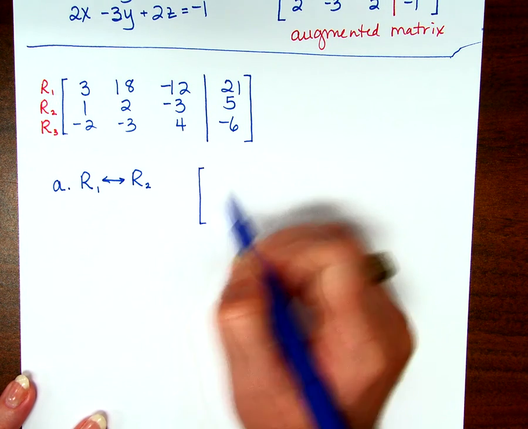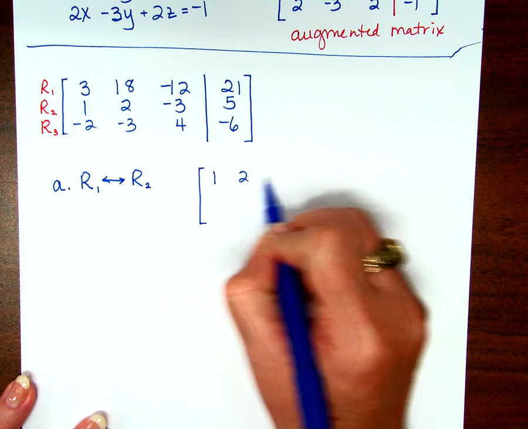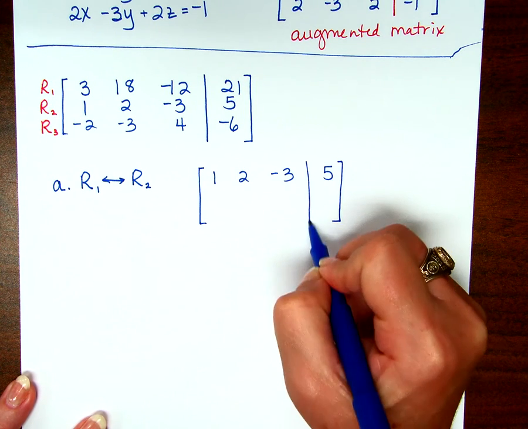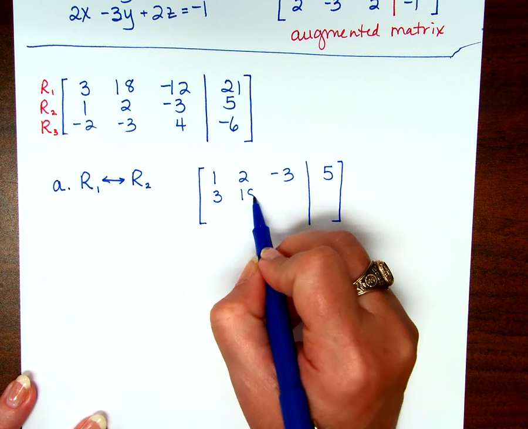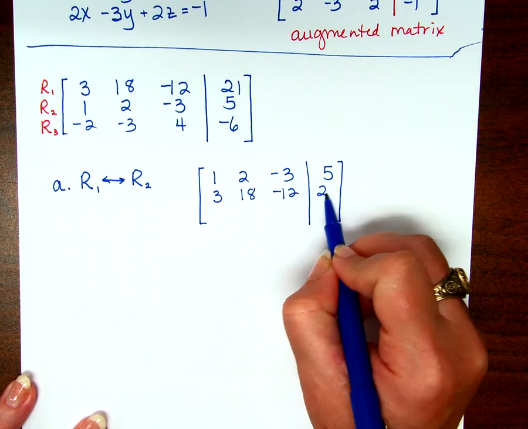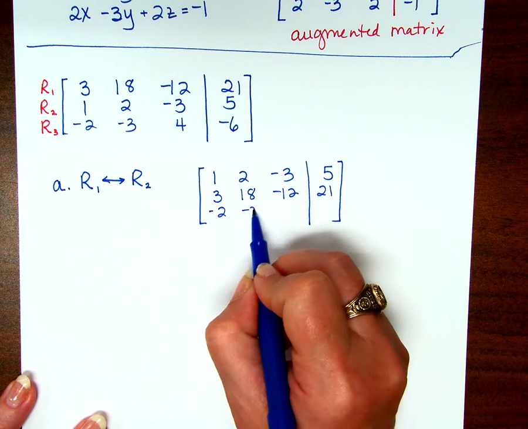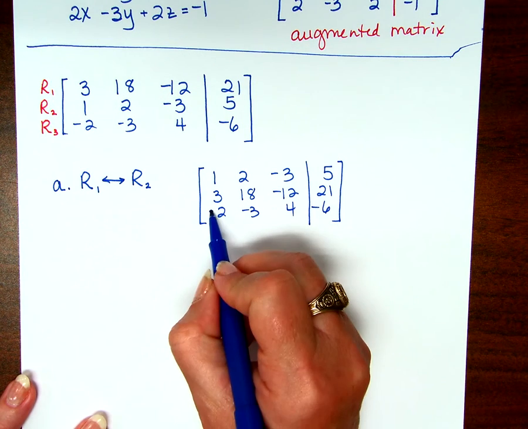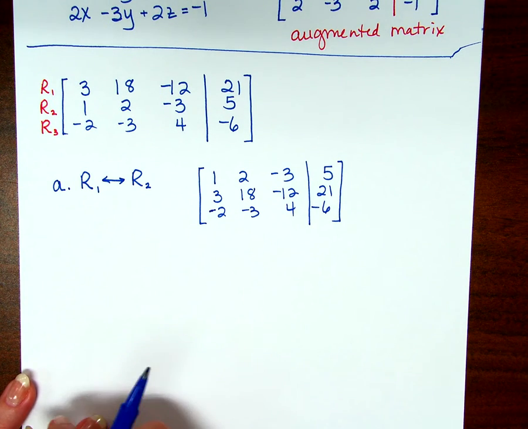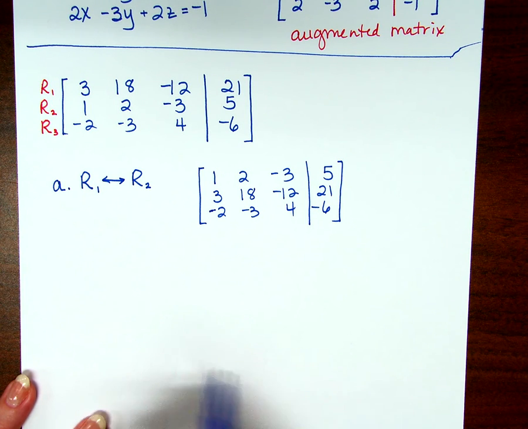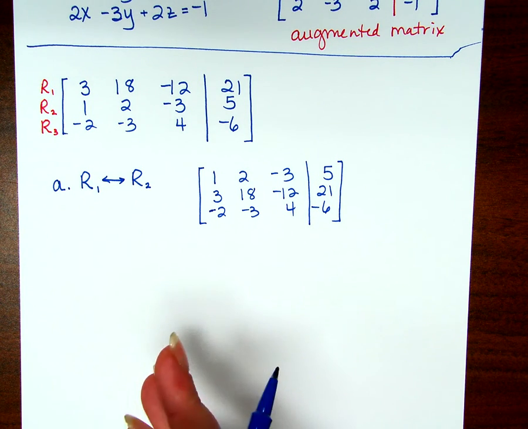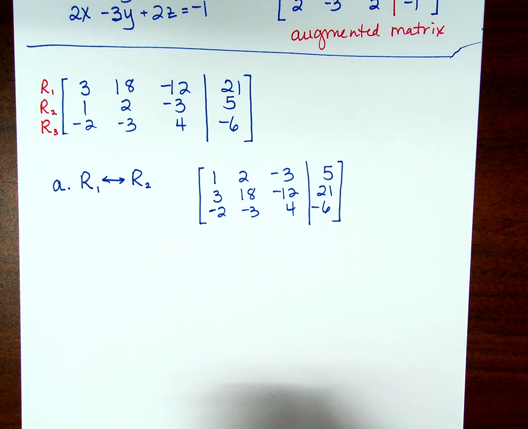So our new matrix looks like this. Think about what the answers to a matrix looks like, and tell me why do you think we would want to swap row 1 and row 2?